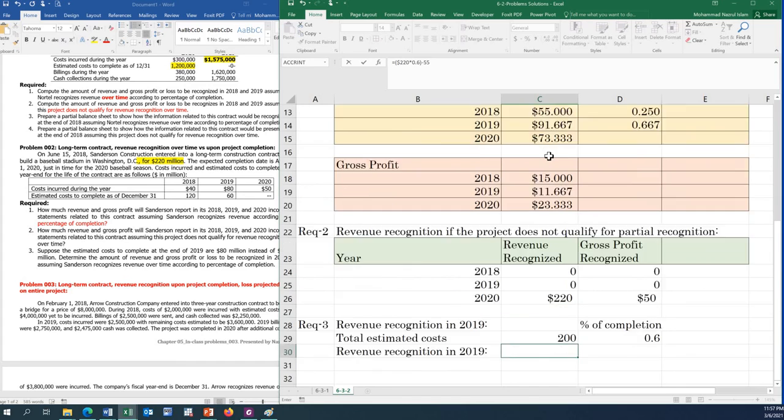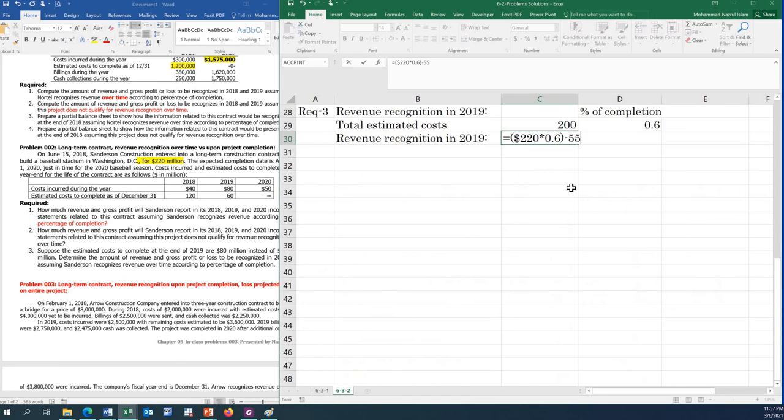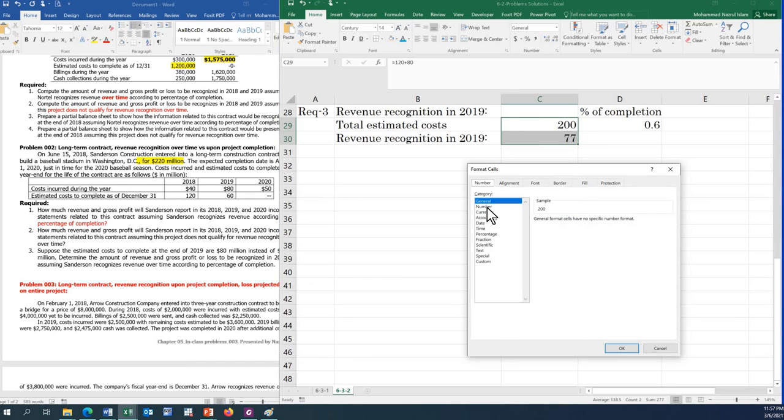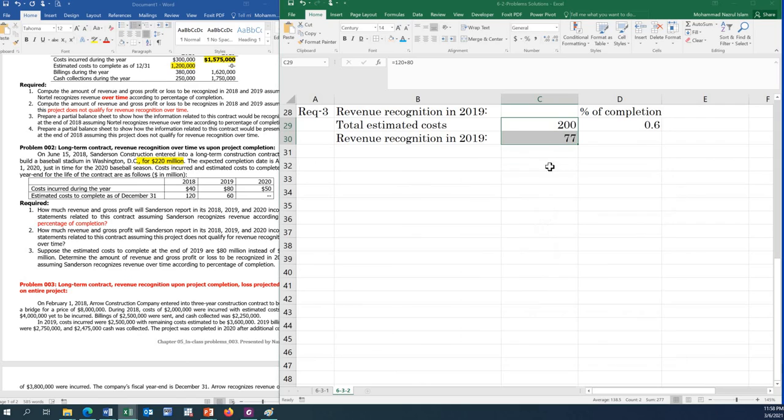See that? So this should be the amount. Let's format it. Okay, this is the amount.